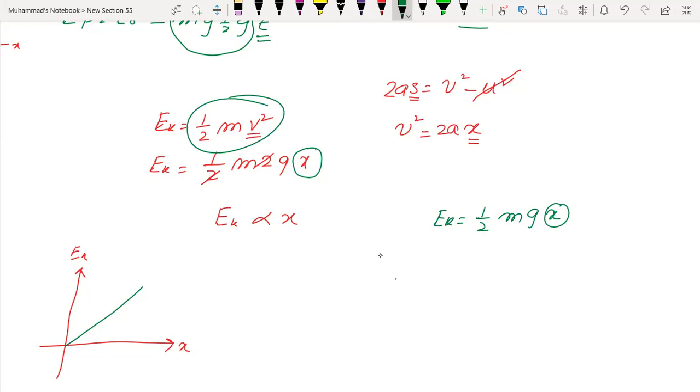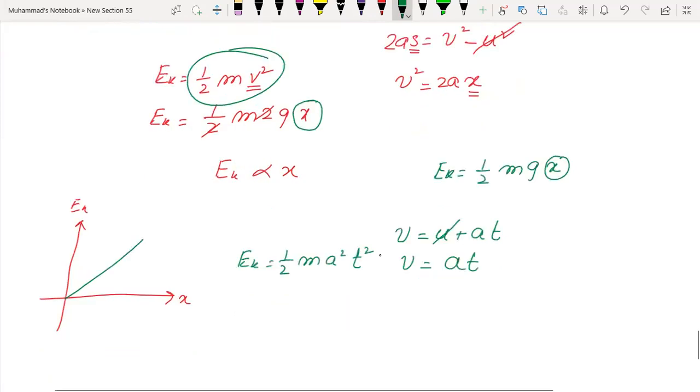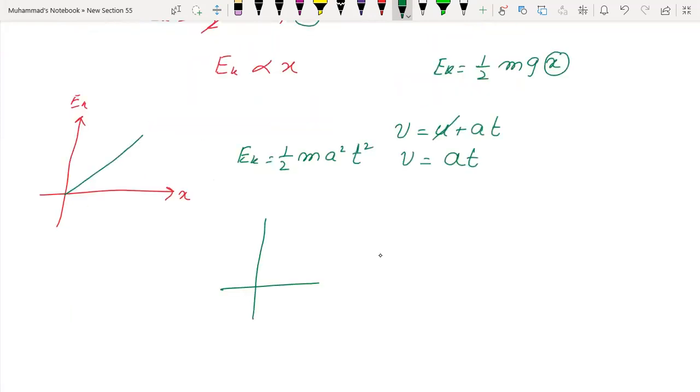So velocity v is u plus at. U is 0, so v is at. So kinetic energy will be 1 by 2 m a square t square. So kinetic energy with t would be like this.